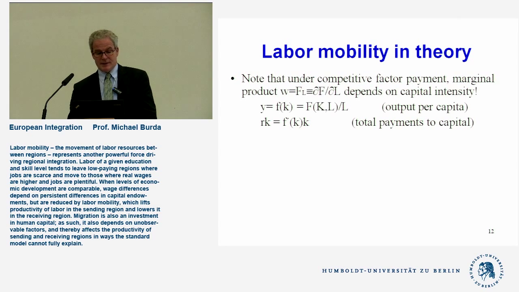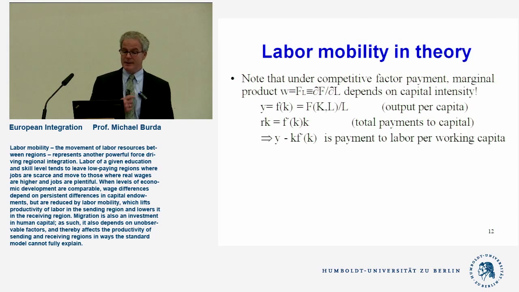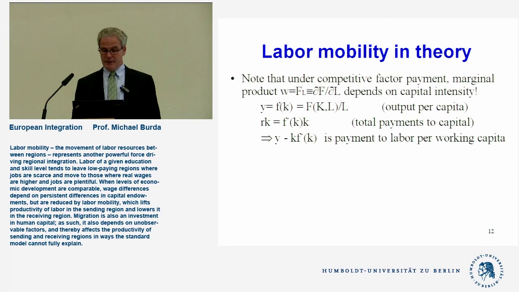So that's the same thing as R times K, but R is equal to the marginal product of capital, so F sub K times K is the total payments to capital. Then the wage is the residual. In this world where there's just capital and labor being used, labor and capital exhaust national income. Therefore, Y minus K times F prime is exactly the payment to labor.